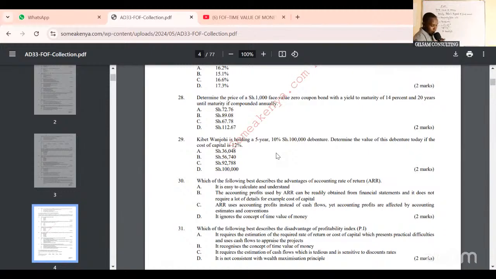Times the value we have been given, 100,000. Is it 100,000? Yes, 100,000. So what could be the present value of the debenture times 100,000? You are getting 360,477.62. There is a value close to that.